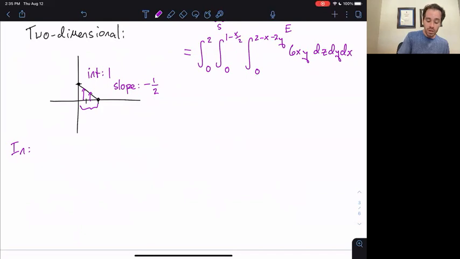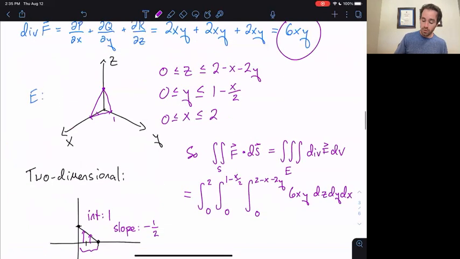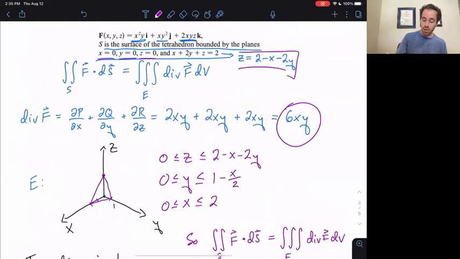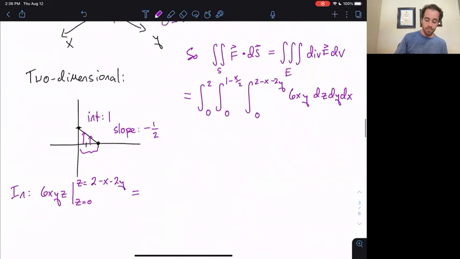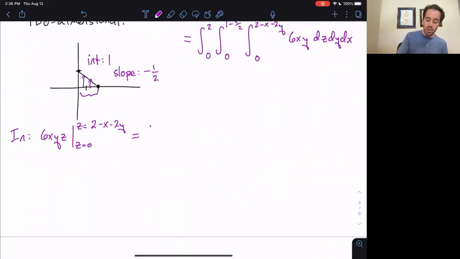The inner is going to be 6xyz, because we are integrating with respect to z first. And this will be at z equals 0, and z equals 2 minus x minus 2y. So that's the correct equation as verified by up here, 2 minus x minus 2y. And so we've got 6xy multiplied by 2 minus x minus 2y.